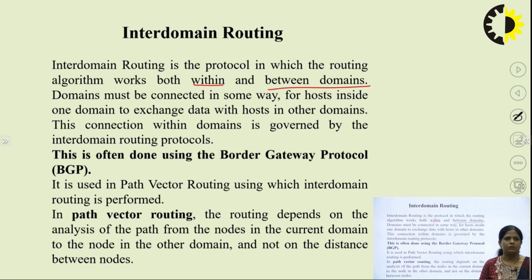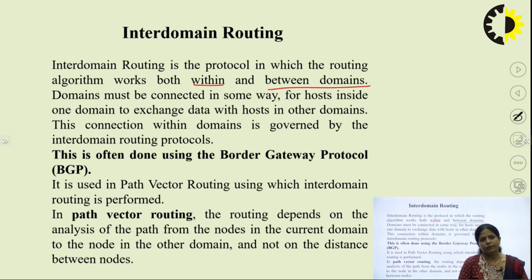This connection between domains is governed by interdomain routing protocols. For interdomain routing, we have the Border Gateway Protocol, which is BGP, right. It is used in path vector routing, using which interdomain routing is performed.